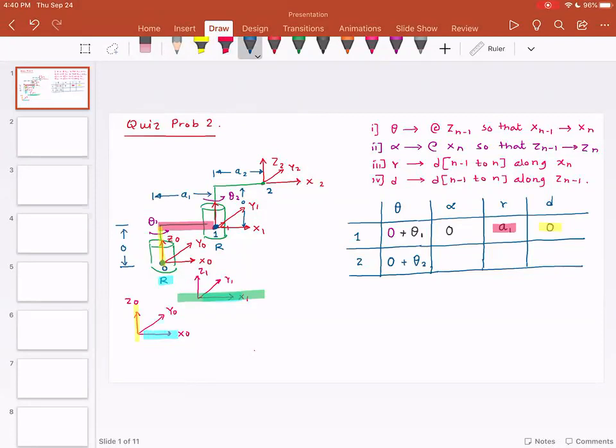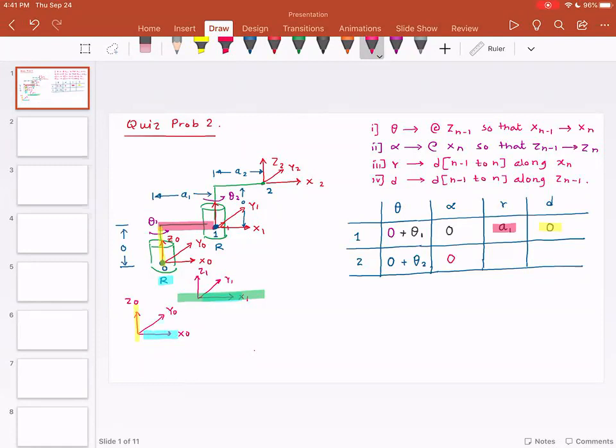Alpha is nothing but the angle around xn so that zn minus 1 gets aligned with zn. So zn minus 1 is z1, zn is z2, and both of these are already aligned. So the value of alpha is going to be 0.